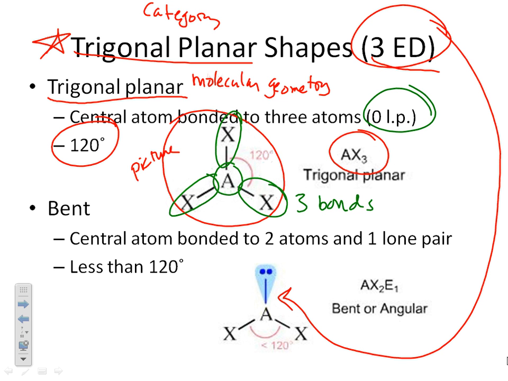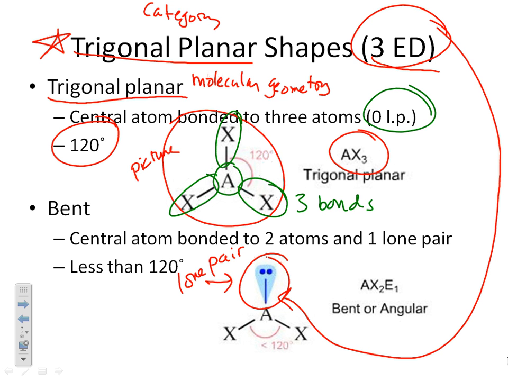This is called bent. So number of electron domains under this bent, you want to put 3, because it does have 3 electron domains. But then you want to draw this picture, and this right here, this is a lone pair. That lone pair, because it's electrons, is absolutely still going to engage in some repulsion and push those bonds away from one another.